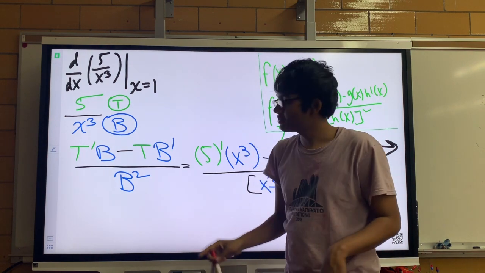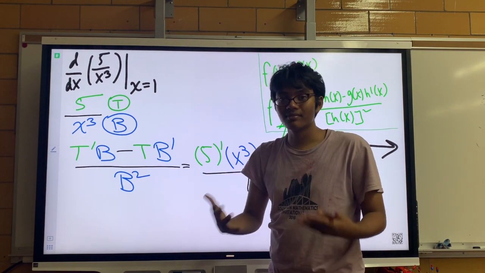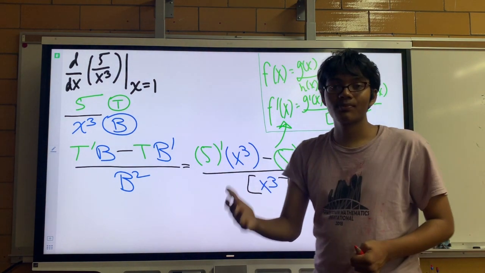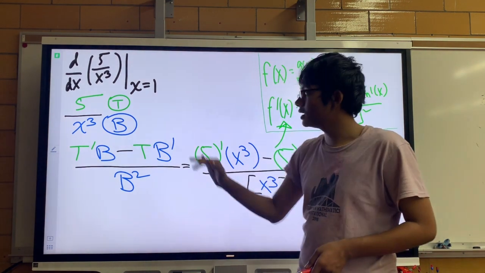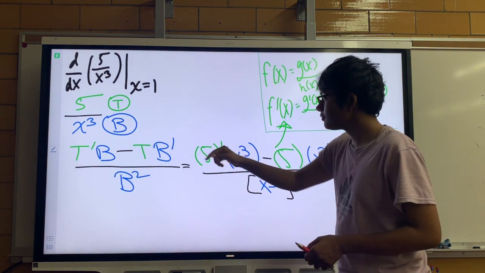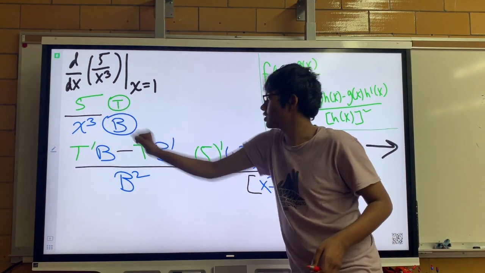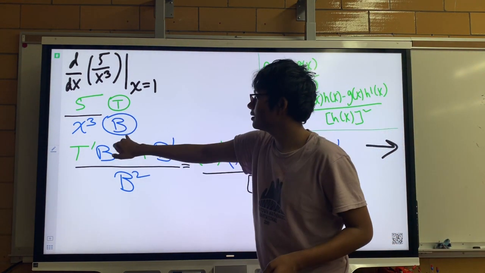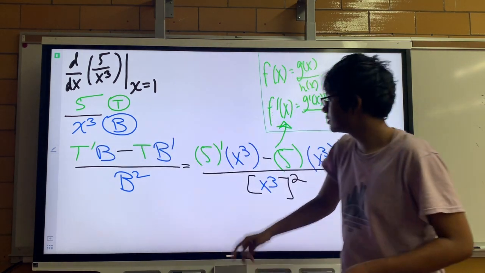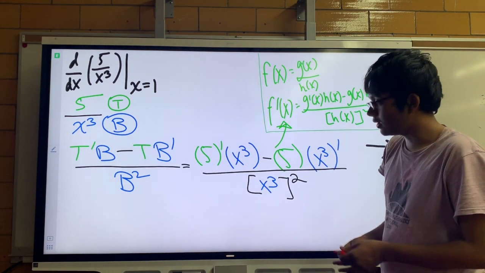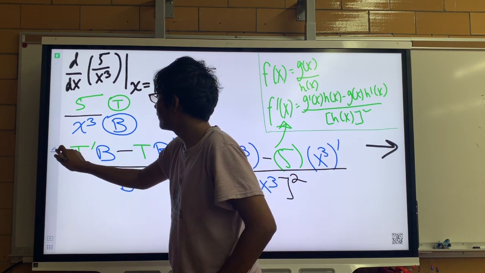That sounds like a lot, but just look at it and you'll see that it comes to you naturally. And we're going to explore that intuitively and visually very soon. Now, I replaced t by the top function 5, and I replaced b, the bottom function, by x cubed, as you can see.